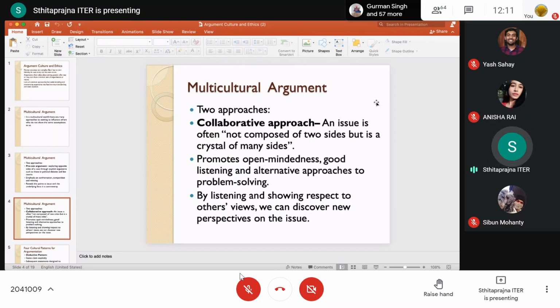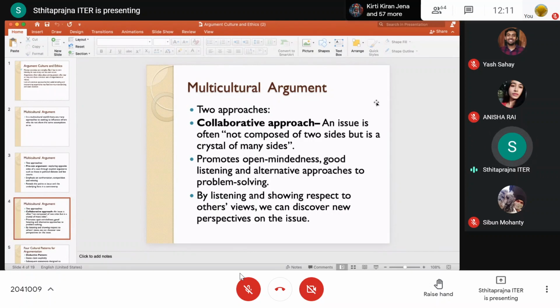And a collaborative approach is like a crystal. A crystal has many cuts, many sides. So a collaborative approach is like a crystal which has many sides or many aspects to it. So while you are arguing from a collaborative approach, you are basically trying to touch upon all these aspects.